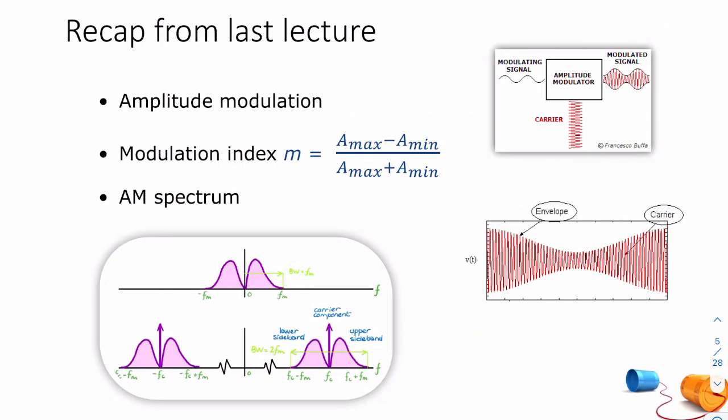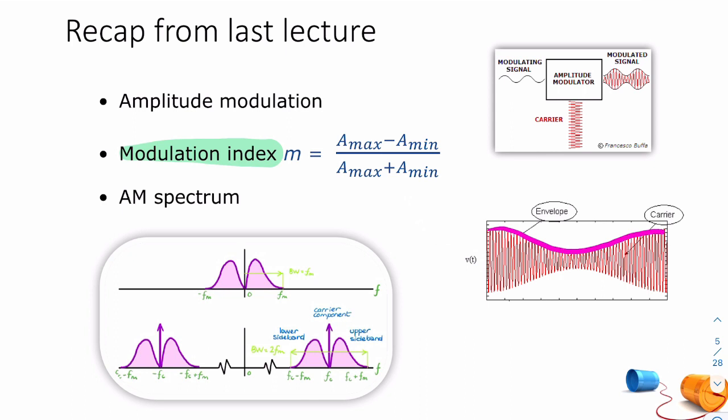Recap from last lecture: we introduced amplitude modulation, how we encode the information from a low frequency baseband message onto a higher frequency radio frequency carrier. We spoke about the depth of modulation, called the Modulation Index, and how its expression can be found from the shape of the signal envelope.